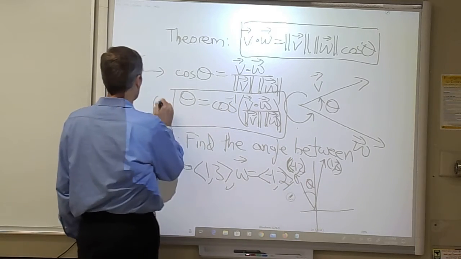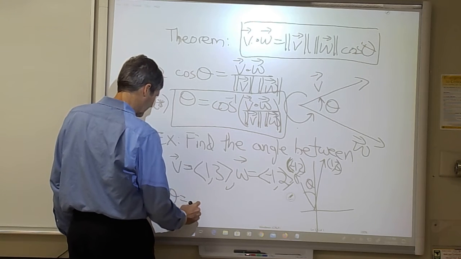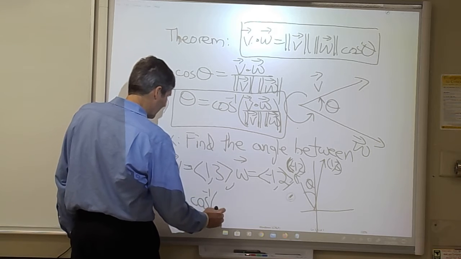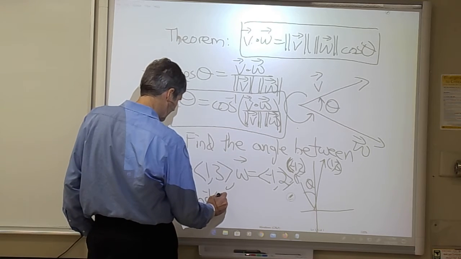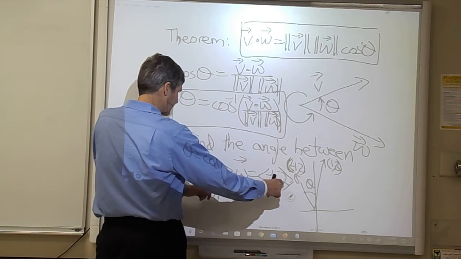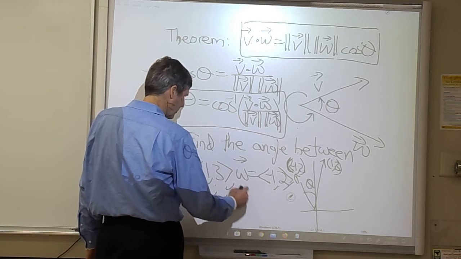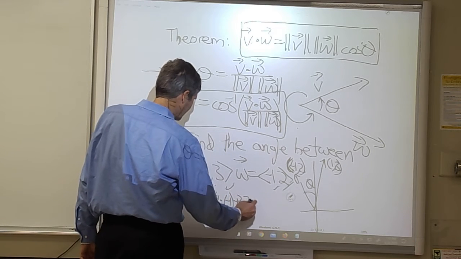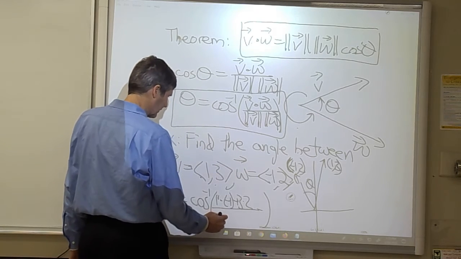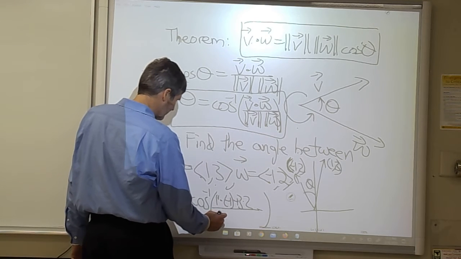Well, according to this formula, theta is equal to the inverse cosine of V dot W. That's this times this plus this times this: 1 times -1 plus 3 times 2, over length of V, length of W. The length is the root sum squared of the components.